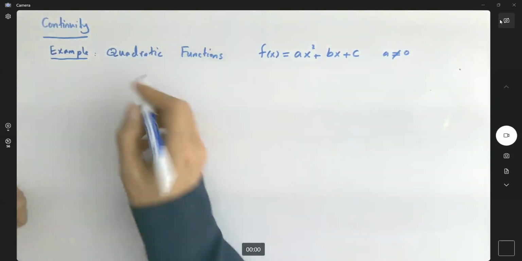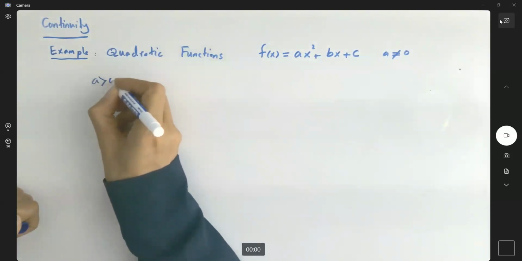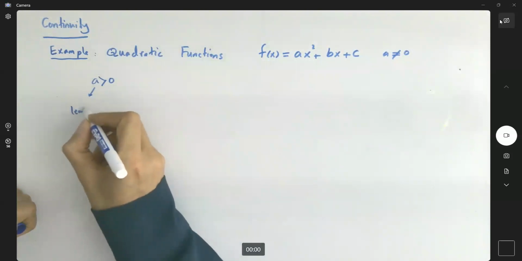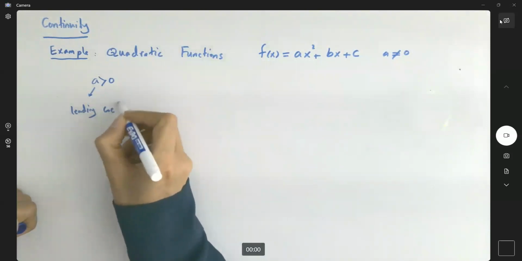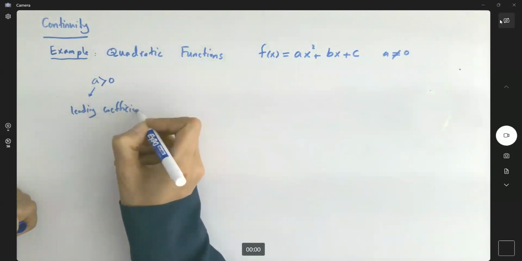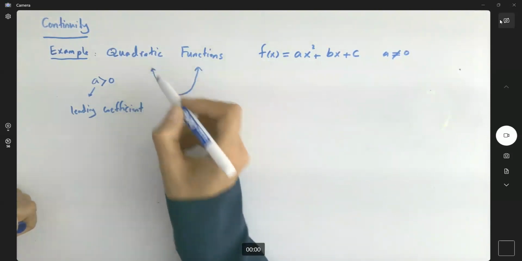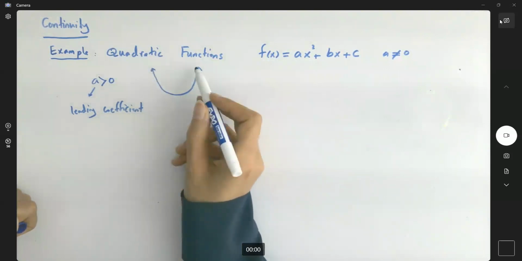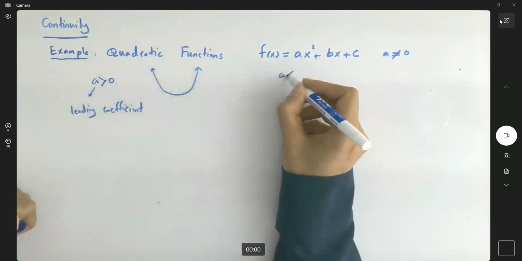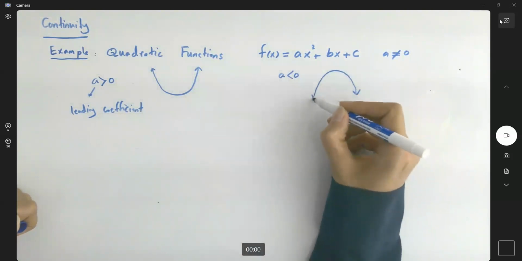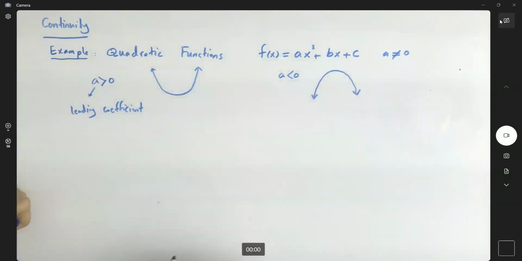As you remember, if a is positive, if the leading coefficient is positive, then your graph opens up. But if the leading coefficient is negative, your graph opens down.